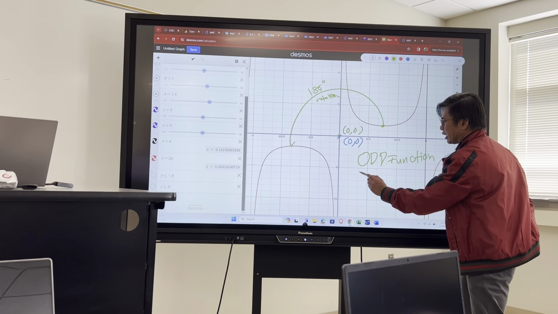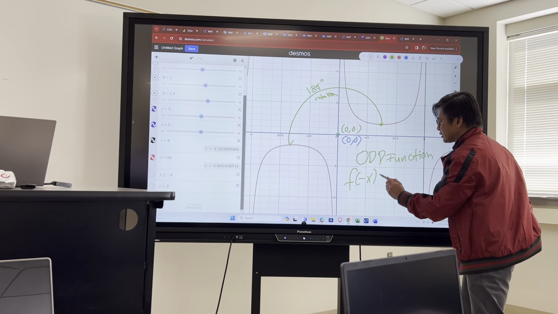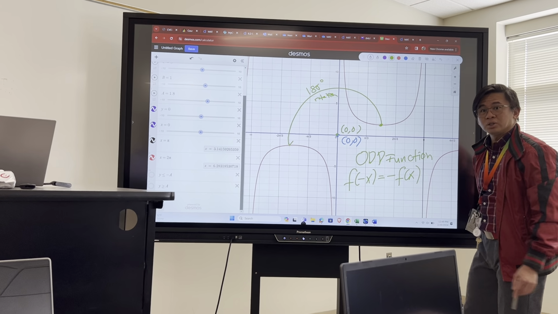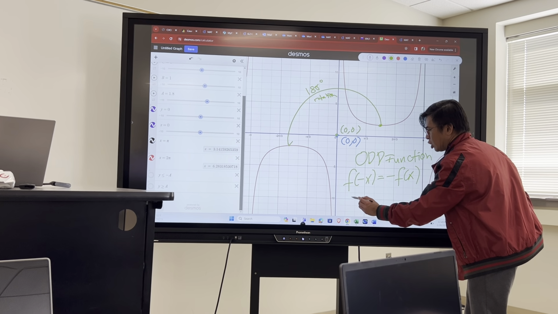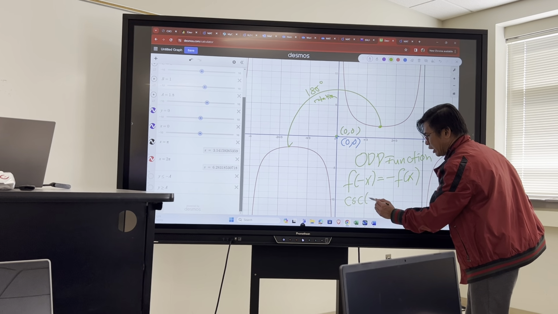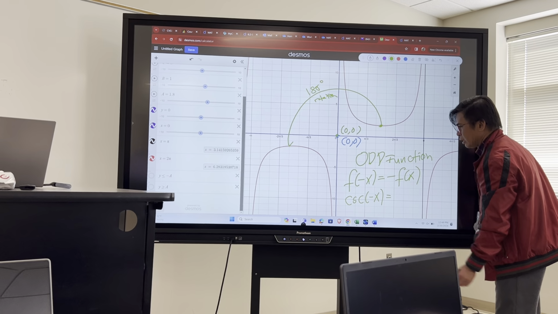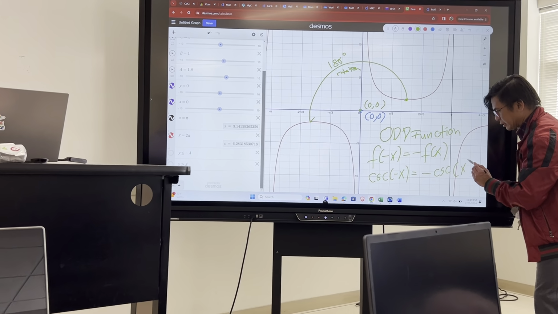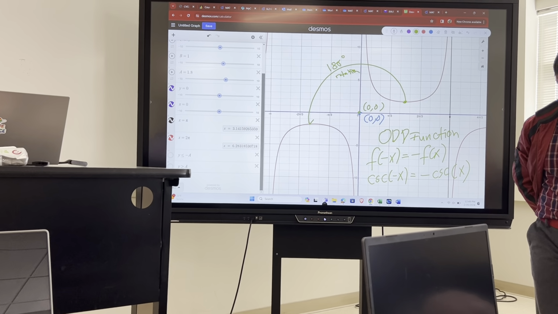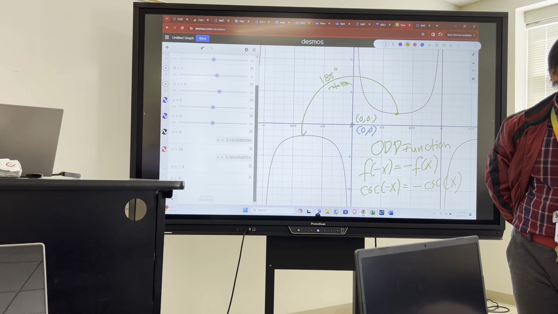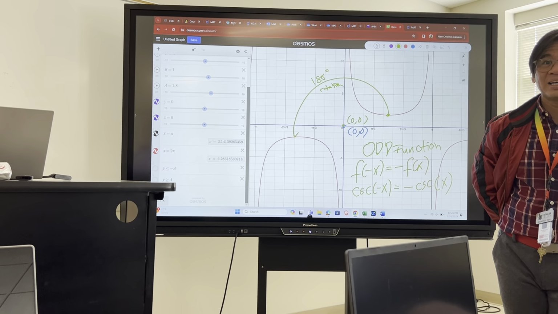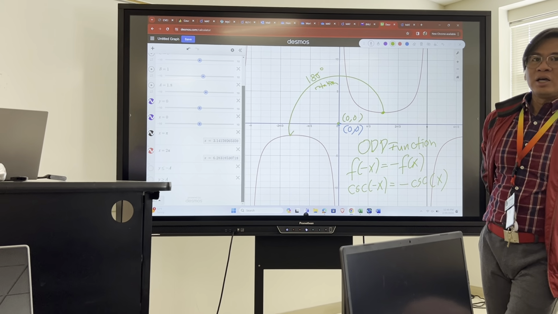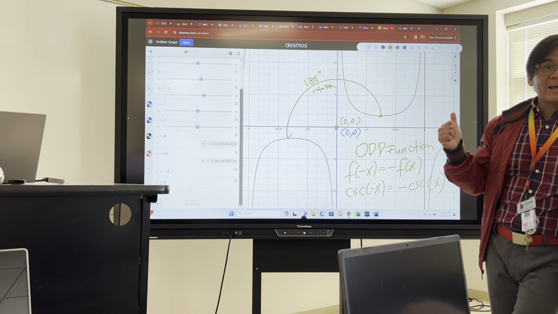Odd, which means f of negative x is equal to negative f of x. So for cosecant, cosecant of negative x is equal to negative cosecant of x. Get it? Questions, guys, with it being an odd function? Questions regarding cosecant x?